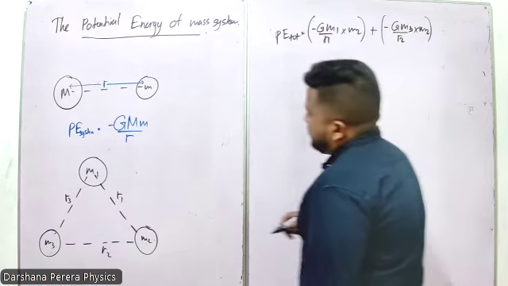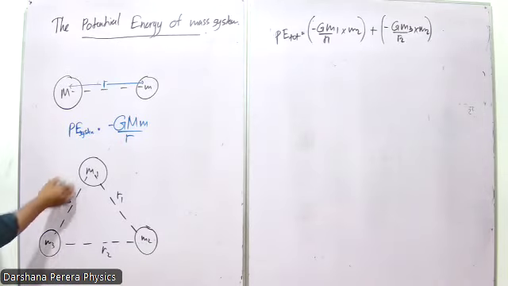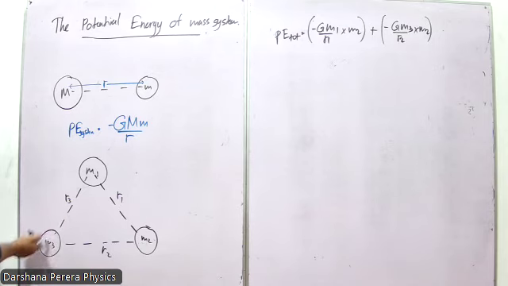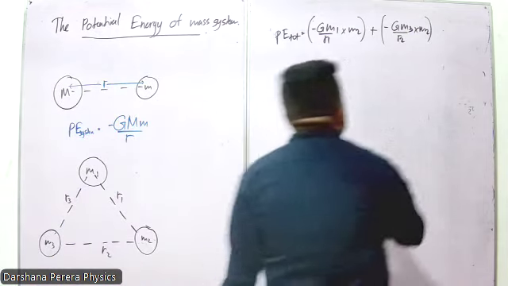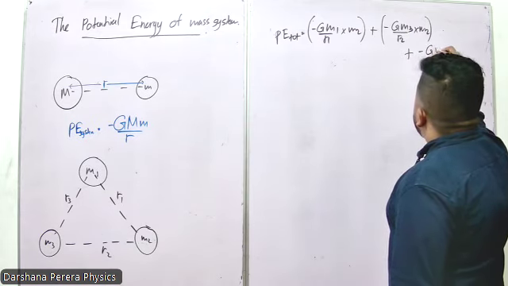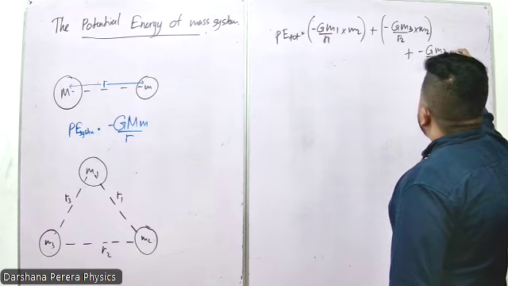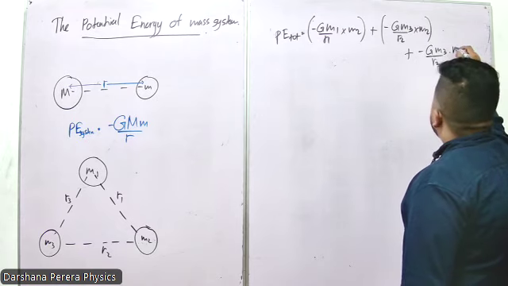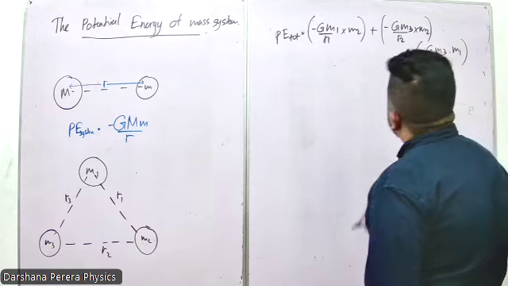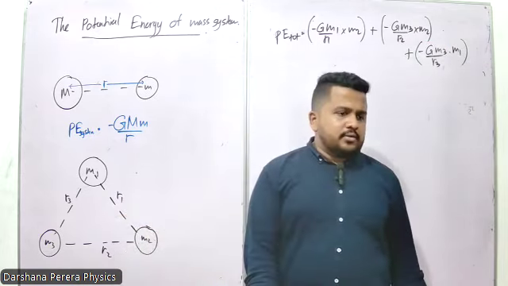If I go here, M3 is producing a gravitational field to M1, right? Therefore plus minus G M3, producing the gravitational field, the distance is R3, into M1. We took them separately, these three, right?